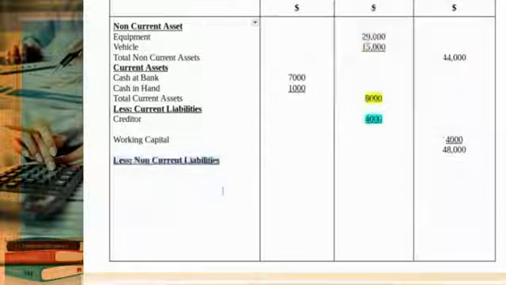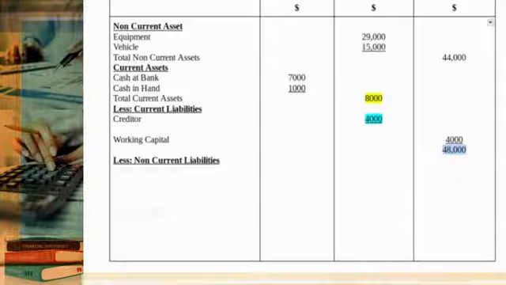So if no non-current liability was provided in the question, we would just draw our double line at the $48,000 and continue with our owner's equity.